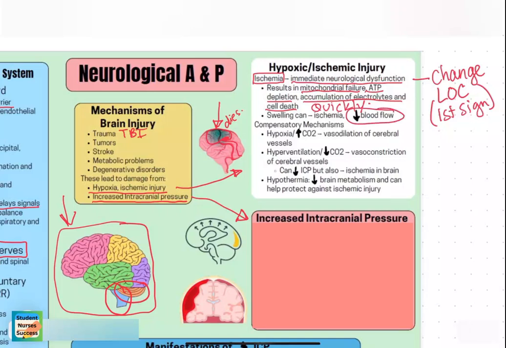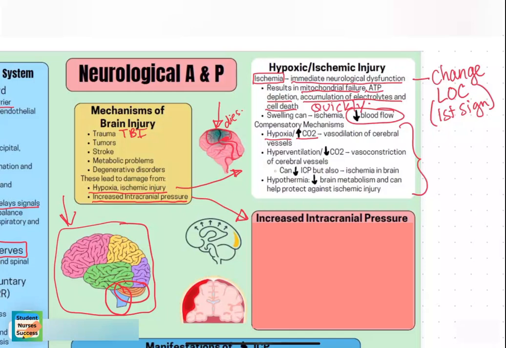Now, the body does do a couple things to try to compensate and make sure that you're getting enough oxygen to that brain. When we are hypoxic and CO2 levels rise in our body, the body knows that the brain's not going to get enough oxygen because you're hypoxic and there's not enough there.